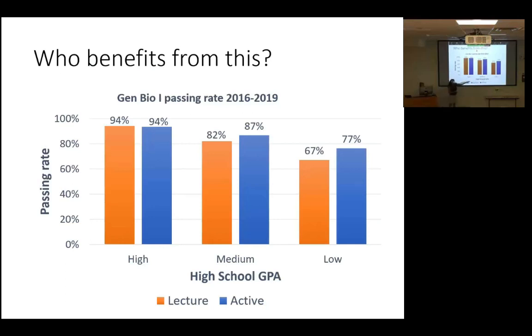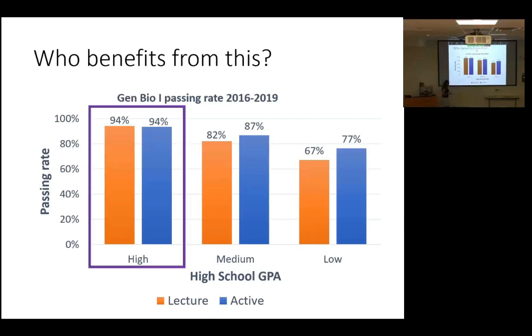And also a large, significant portion of the grade comes from those in-class activities. And the students are separated by the GPA that they had in high school. So whether they come into FIU with a high school GPA or a medium high school GPA or a low high school GPA. And what we find is that students that did very well in high school, it doesn't matter which section of Gen Bio they take, they will do equally as well, regardless.